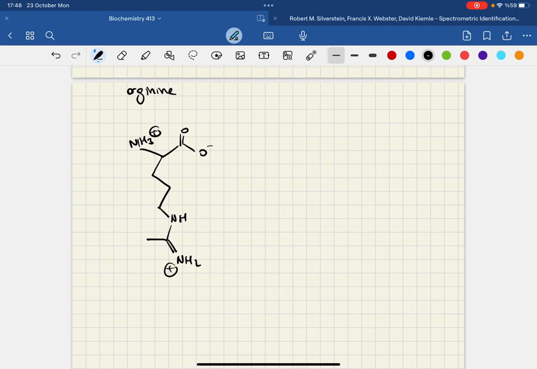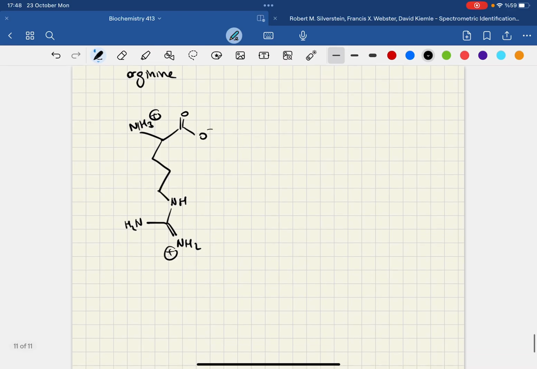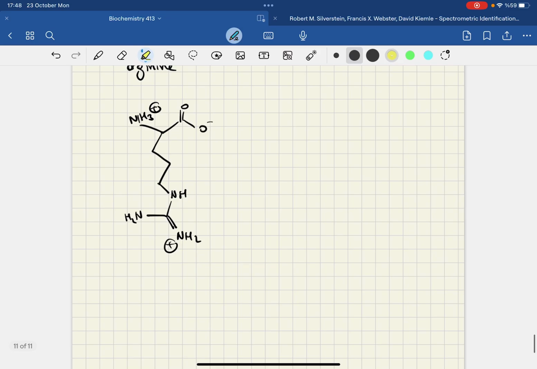This is plus charge, this is like this. Okay, so the side chain of arginine contains the guanidine group. This group is called the guanidine group.